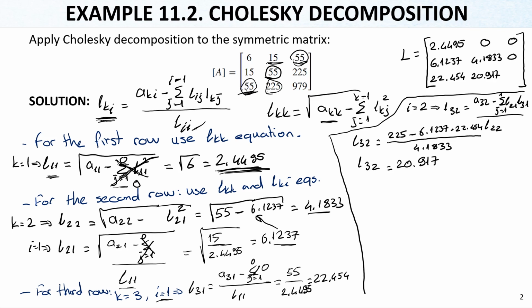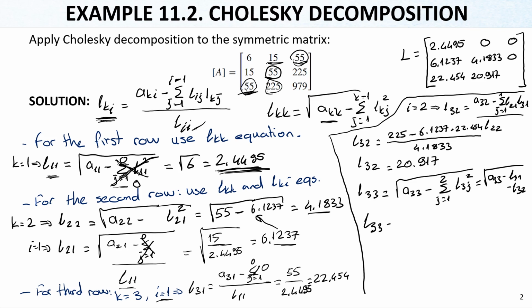So for the diagonal term, for this term, now we will use the second equation, this one. Let's use it. L33 is equivalent to the square root of A33 minus the sum from j equals 1 to k minus 1 of L3j square. So this becomes A33 minus L31 plus L32, let's write these down.